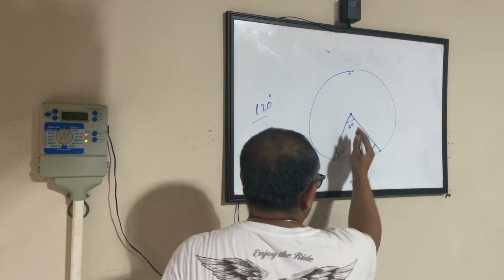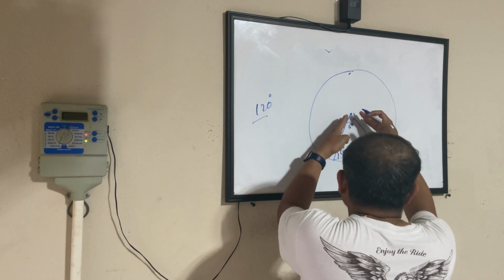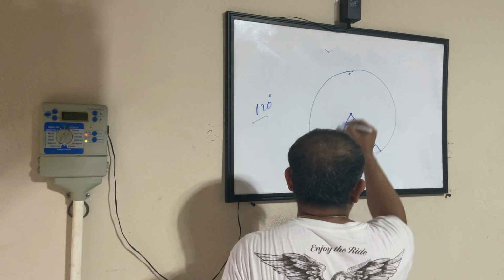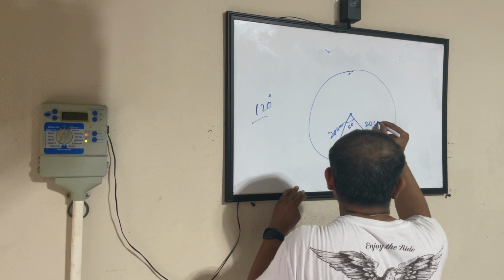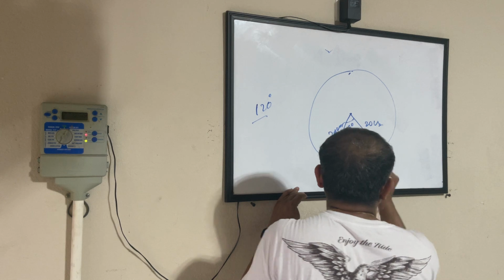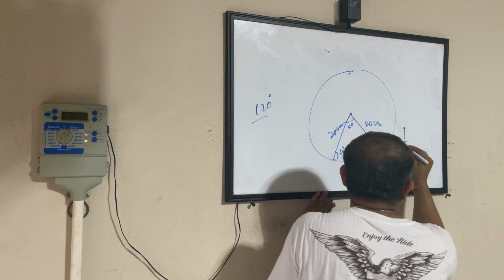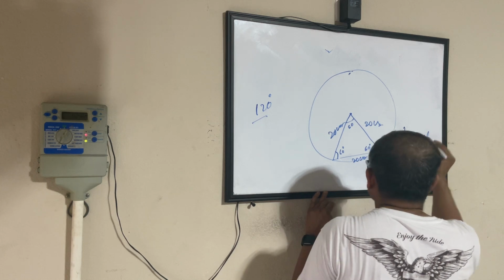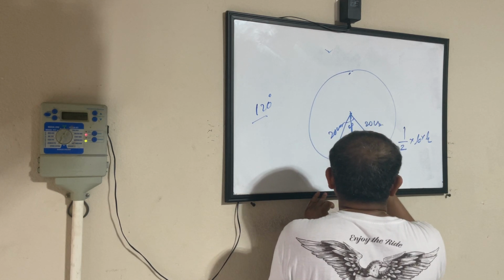These two sides are the same, so these two angles have to be the same. Eventually it became an equilateral triangle, all sides the same. So this is 20, this is 20, and this is also 20. For finding the area of this triangle, we know it has to be half times base times height. We found this base, but this height we don't know.